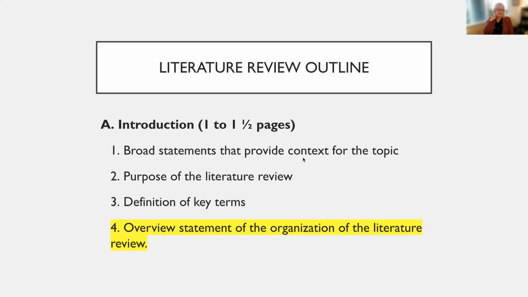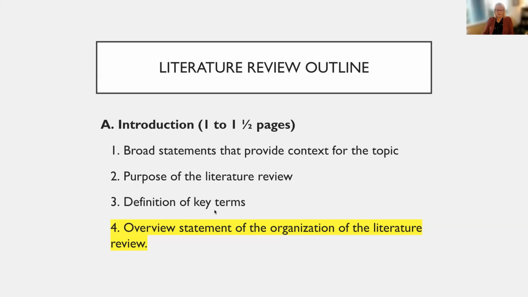And just kind of giving the history of gratitude interventions and how this came to be and is it widely used, that kind of thing. Then I'd usually define the purpose of the literature review, which is basically a research question just stated as a statement. So the purpose of this literature review is to explore the benefits of gratitude interventions.